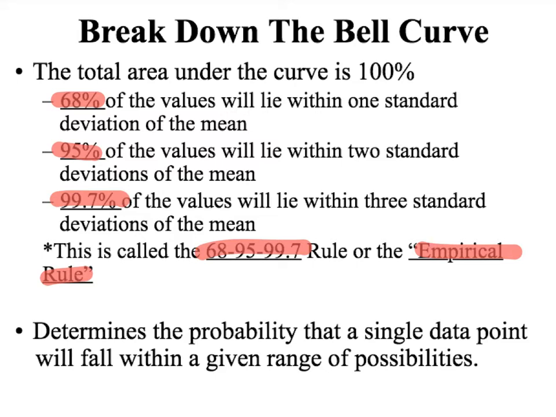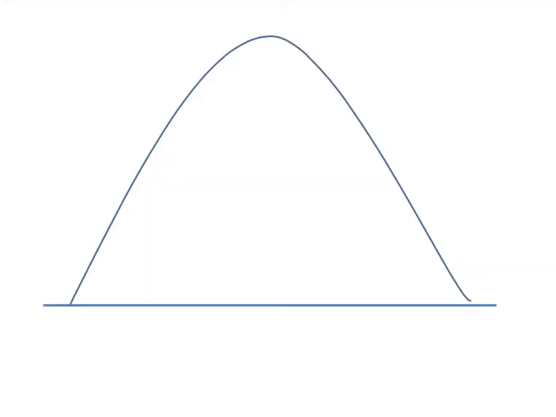Okay, it says to determine the probability that a single data point will fall within a given range of possibilities. Alright, this is a standard bell curve, what it would look like. When we break this down into those percentages we just talked about, 68% would fall within one standard deviation.